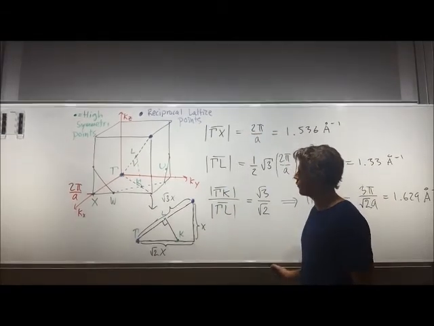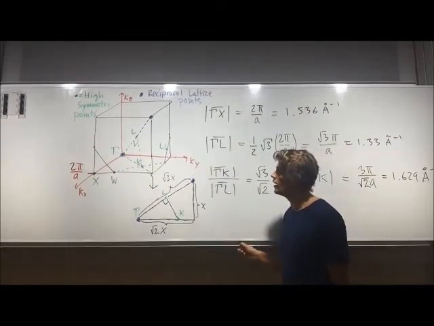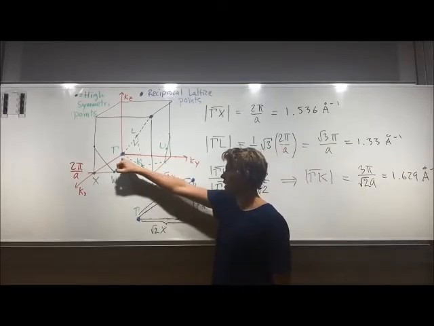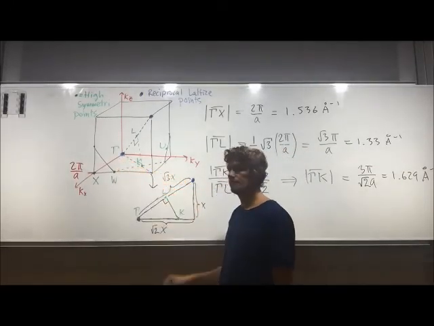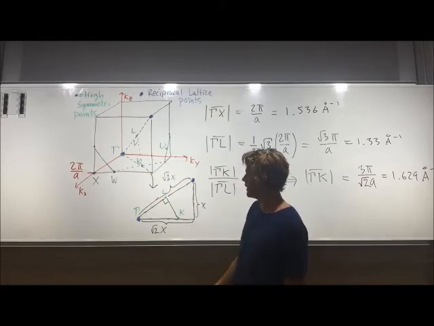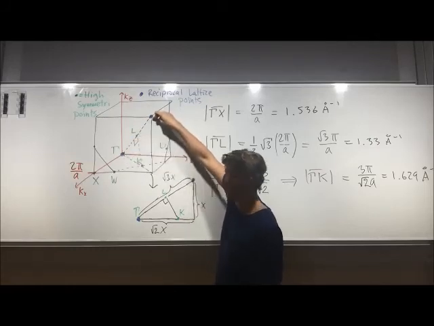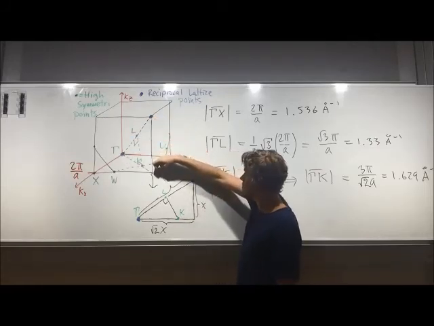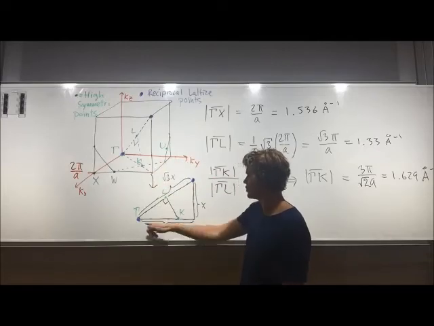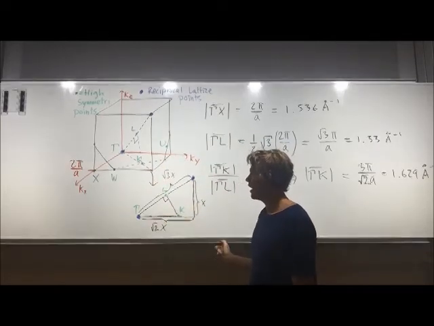To end with, we have to do some geometry here, and we want to calculate the distance from the gamma point to the K point. What you can do is map out the triangle that goes from gamma up to this lattice point here and down to this point here, which corresponds to this triangle here.